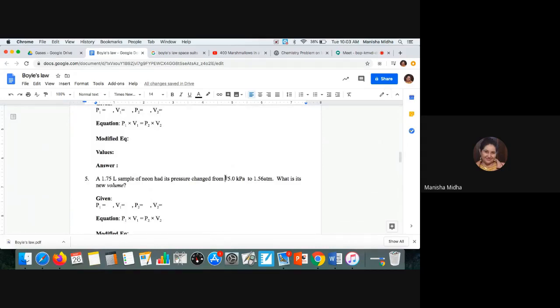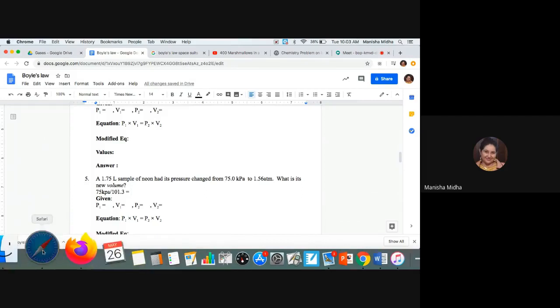You will do a side calculation and convert your kPa. So 75 kPa should be divided by the constant 101.3. That will give you your pressure in atm. So 75 divided by 101.3.